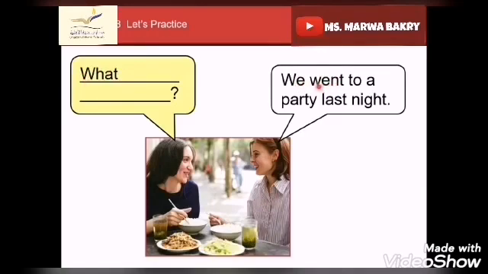Went here is the past form, so we will use the auxiliary verb did. What did? And we change the subject we to you in the question. What did you do last night?